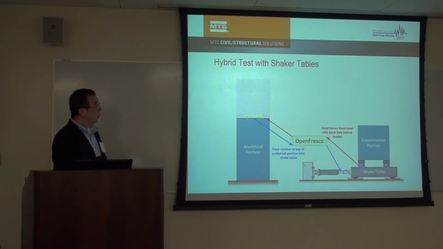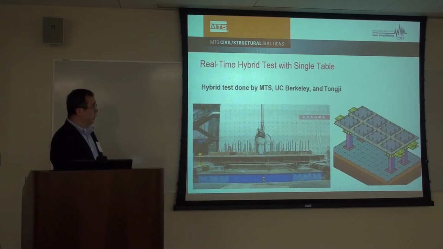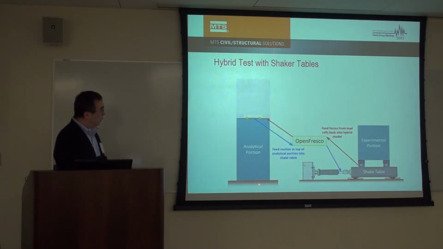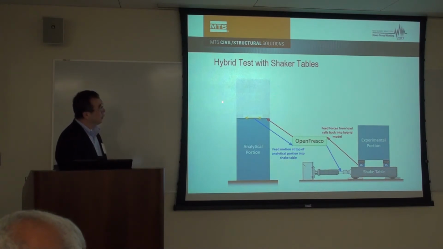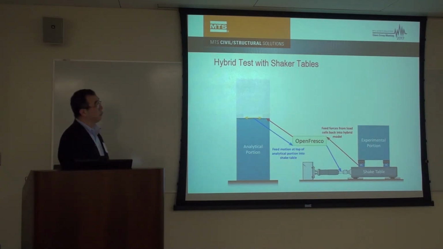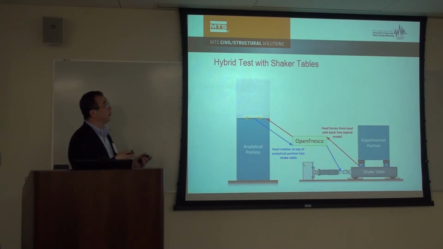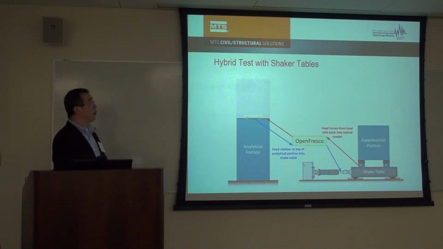We see more and more of these kinds of applications, because the building is very tall, and if you test the whole building, you have to shrink down the specimen a lot. If you can test a part of the building with the shaker table and model the rest of the structure in analysis software, then you save a lot of money, energy, and time.